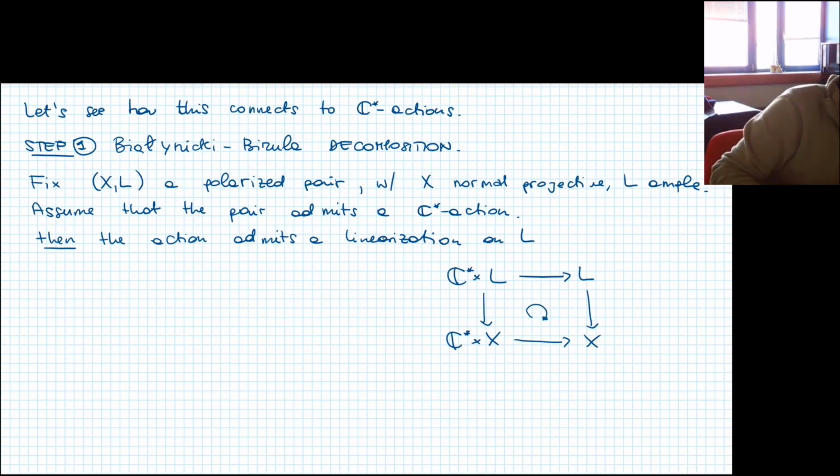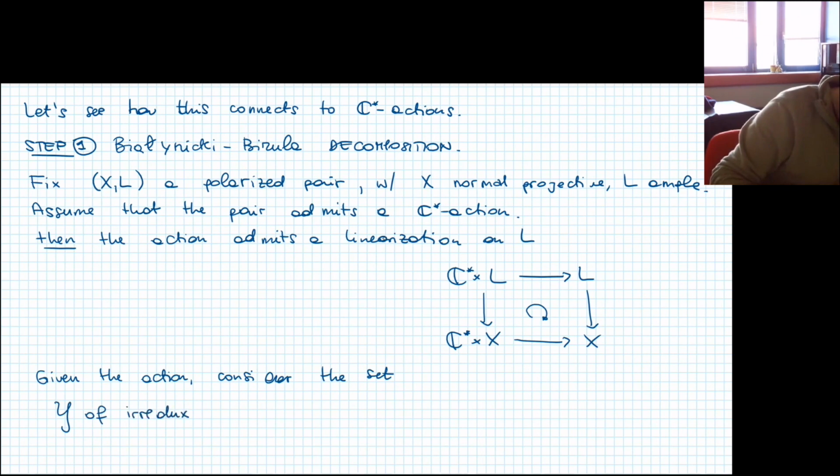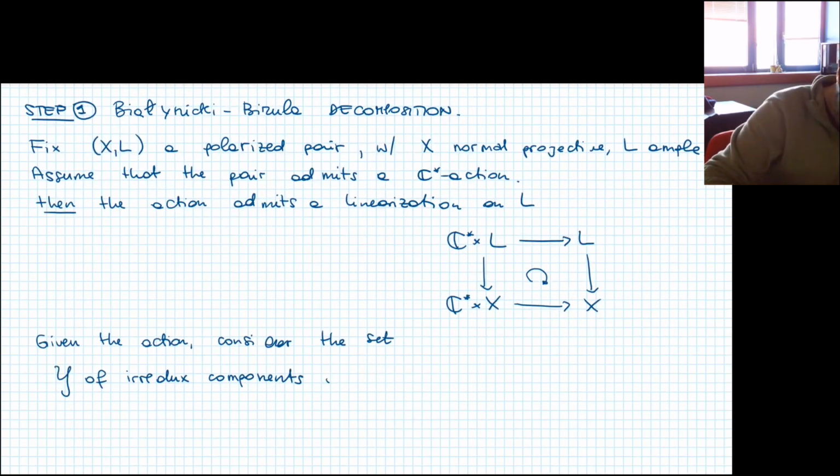So given the action, consider the set curly Y of irreducible components of the fixed point locus.